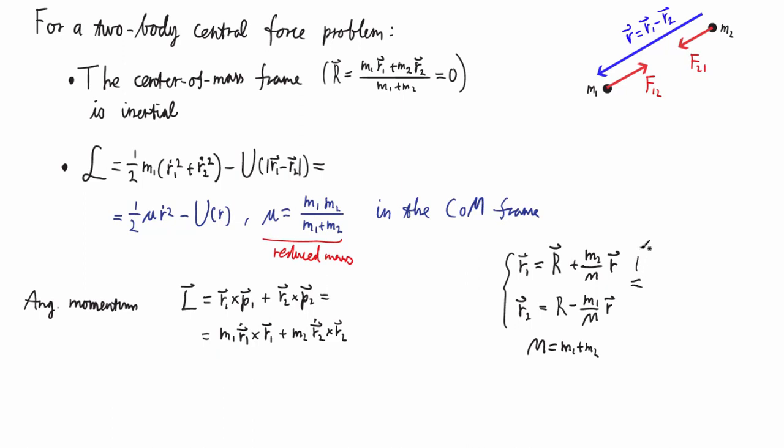Now this is equal to, in the center of mass frame, where capital R is 0, we just have this. So we can just substitute these two expressions in here, and we'll get the angular momentum in terms of little r.